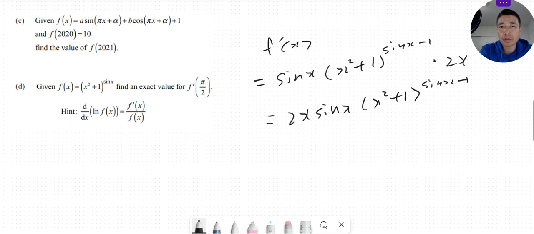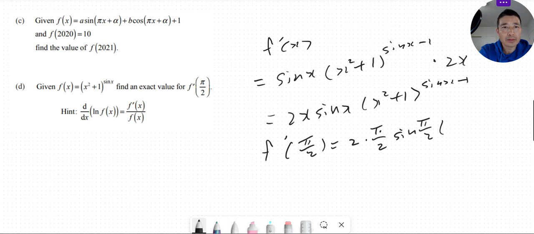And then you just plug pi over 2 into this function. So that means 2 times pi over 2 sine pi over 2. And then, hold on. Yeah, that's right. So pi over 2 squared. Careful, you have to put brackets, right?